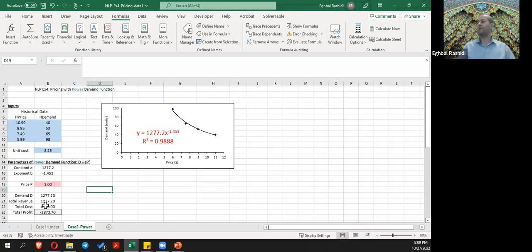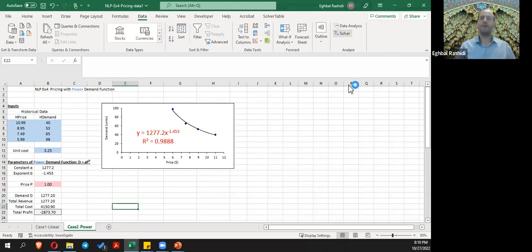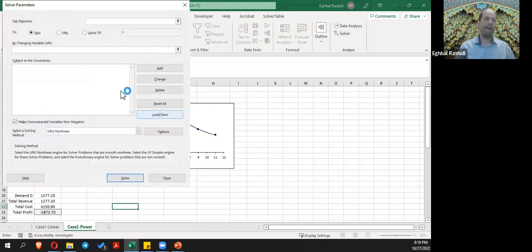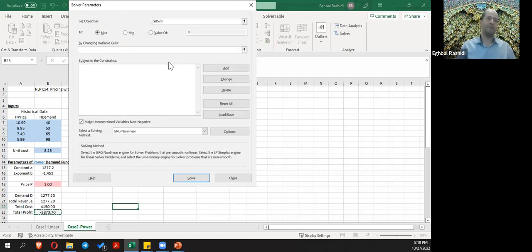That means that we want to find the optimal price so that our profit would be maximized, assuming that this is the relationship between demand and our price. So I'm going to go to the data solver and I'm going to ask it to optimize the profit by changing pricing.